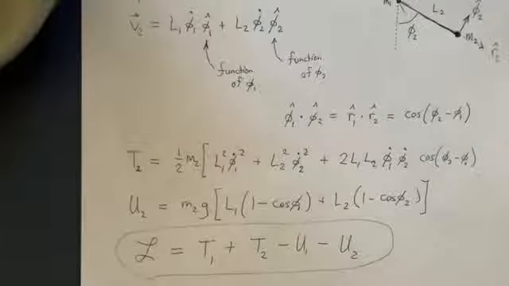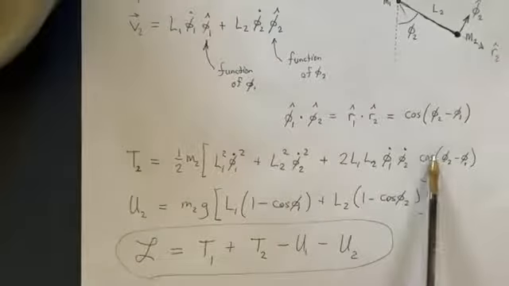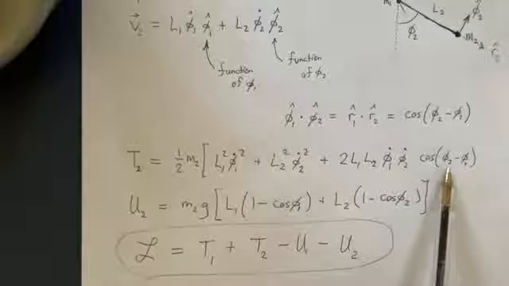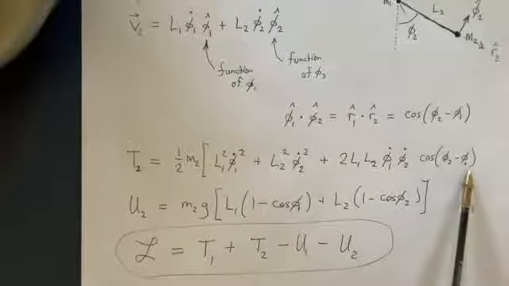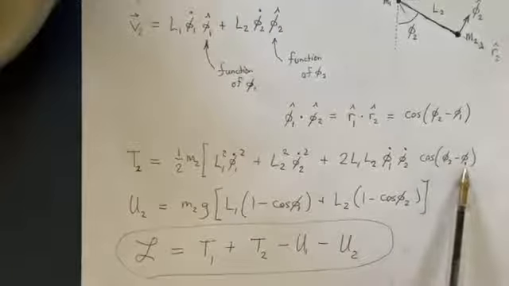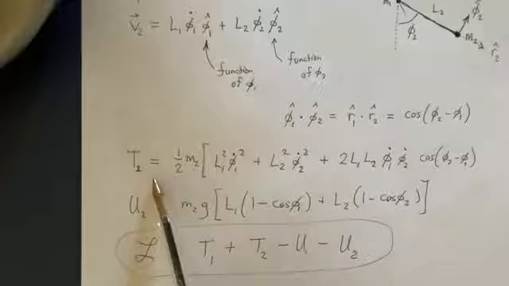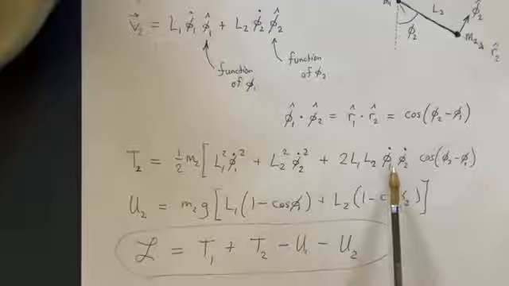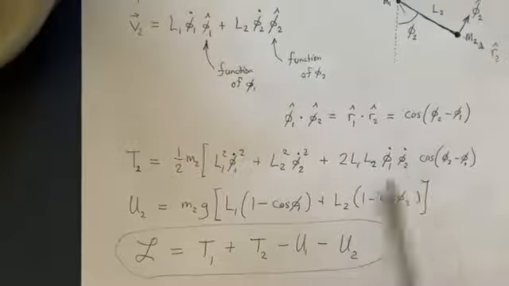Once you have the Lagrangian, we have a clear prescription for how to get the equations of motion. The problem is it's going to get really messy because of this terrible cosine. We have a cosine, there's a phi 2, a phi 1. We've got the coordinates themselves in the kinetic energy. That's going to put a hurting on us. All right, this is not going to be pleasant.